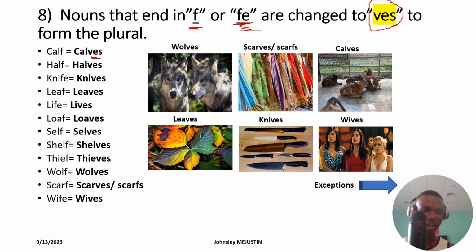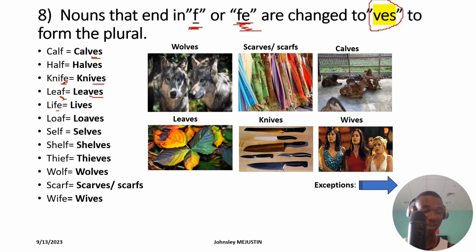Knife, fe. We remove the fe and we replace it with ves. We say knife, knives. Leaf becomes leaves. Life becomes lives. Loaf becomes loaves.